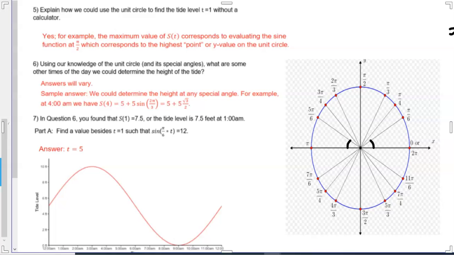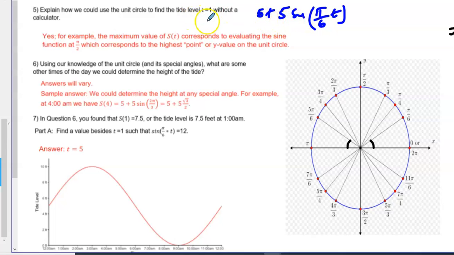Now, we are not going to put t equals 1 in the function to get our answer. What we want is an angle that would produce the same effect as when t was equal to 1. Remember, the function was 5 plus 5 sine of pi on 6 t.